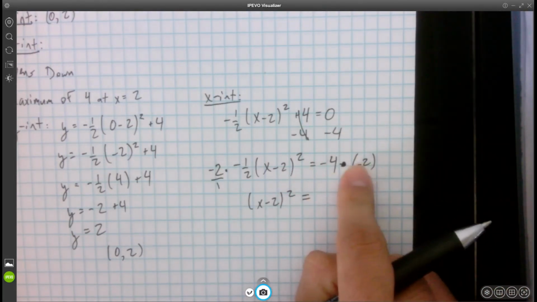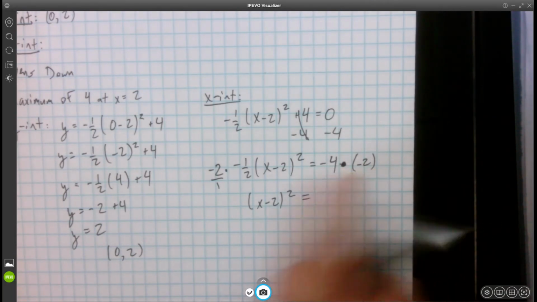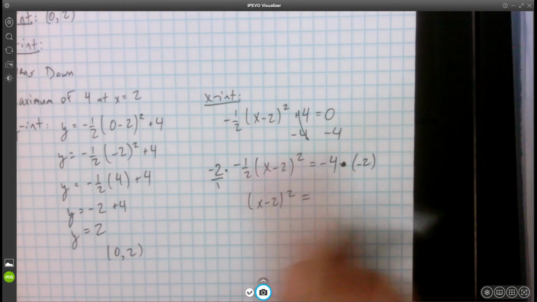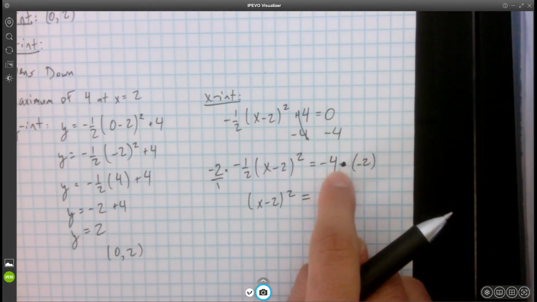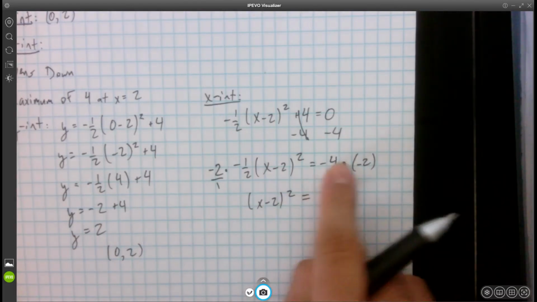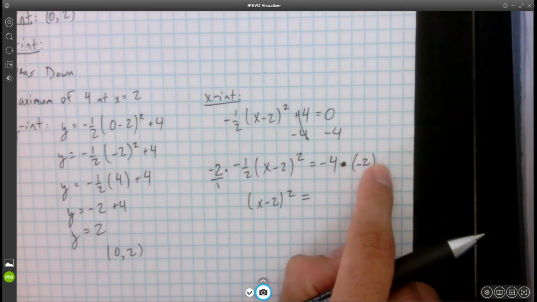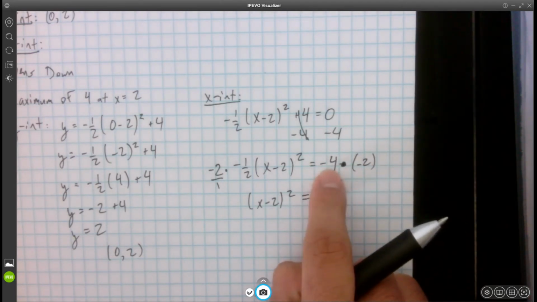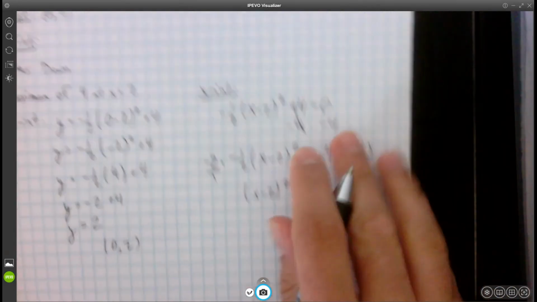If you're wondering why I didn't put it over 1, it's equivalent; they're the exact same value, and I can write it as a rational number if I want to. Negative 4 times negative 2 is positive 8.